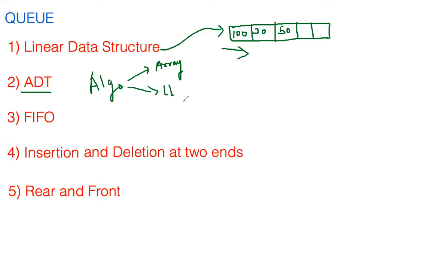How we implement the queue in any programming language is not a concern for the person writing the algorithm. It is a concern of the programmer. And that's why queue is known as an ADT.